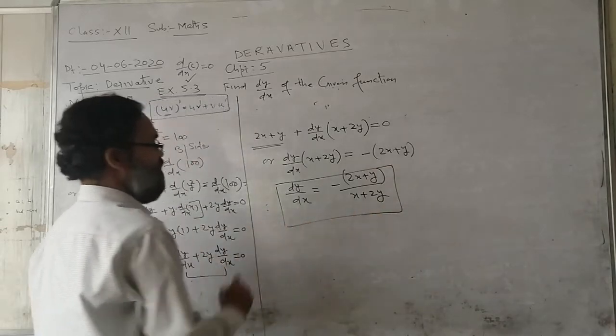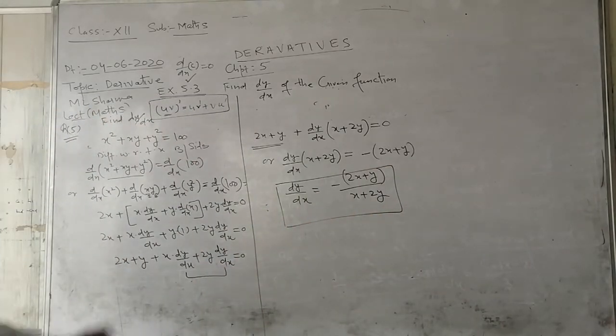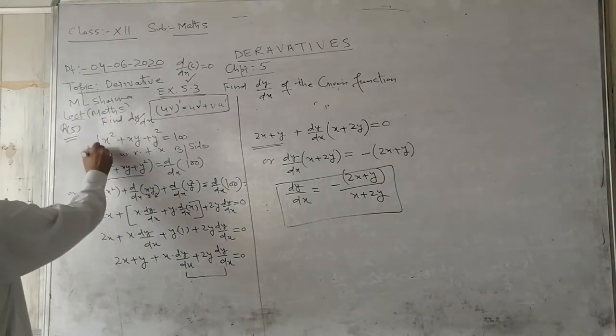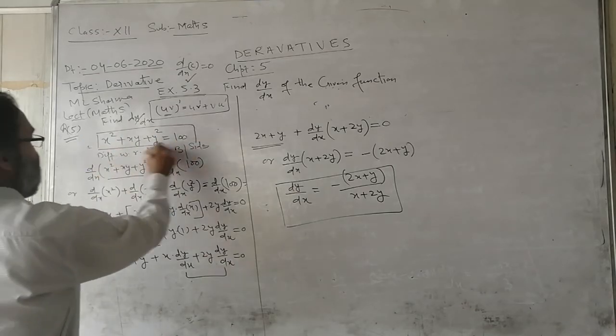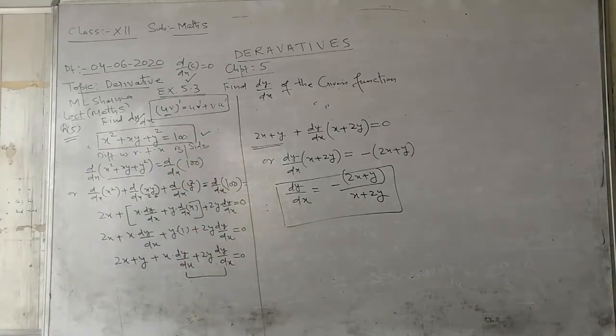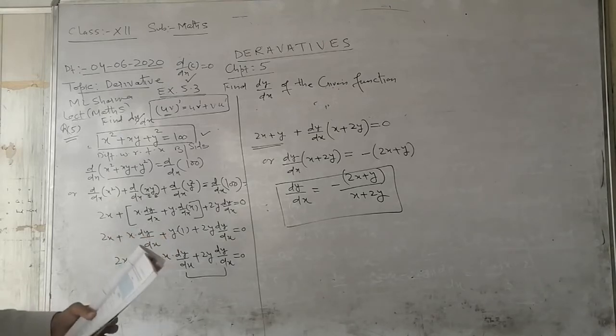So this is the value of dy upon dx of the given function, which is called an explicit function. They are quite easy questions.